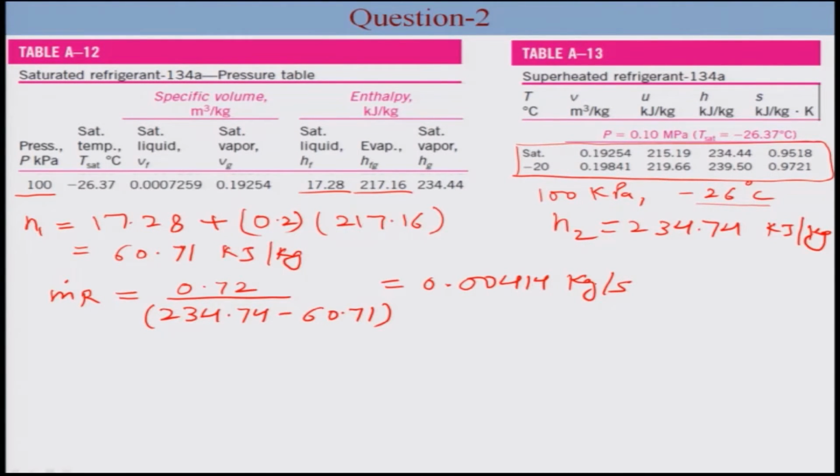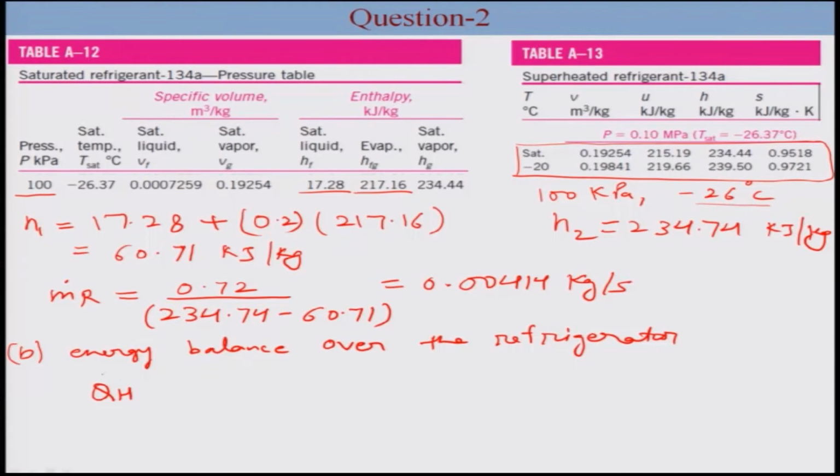The second part is we have to calculate the rate of heat rejected to the kitchen air. So if we apply energy balance over the refrigerator, the heat which is given out or rejected from the refrigerator, or its rate, is equal to the rate of heat removed from the refrigerated space plus the power which is given as input.